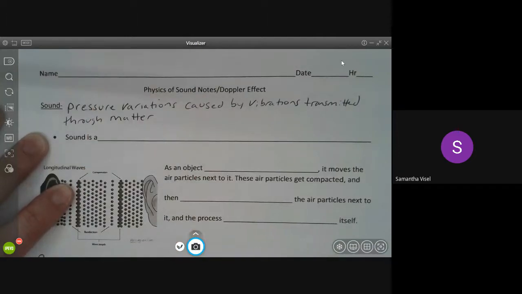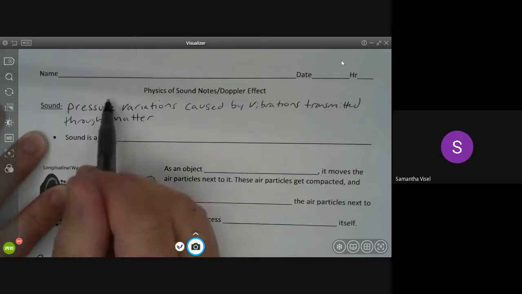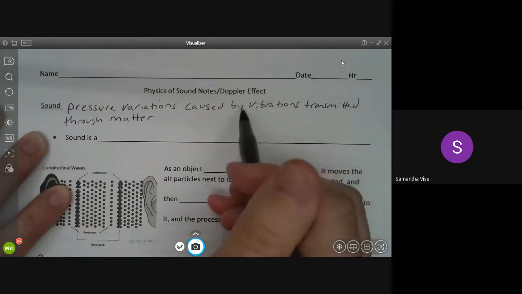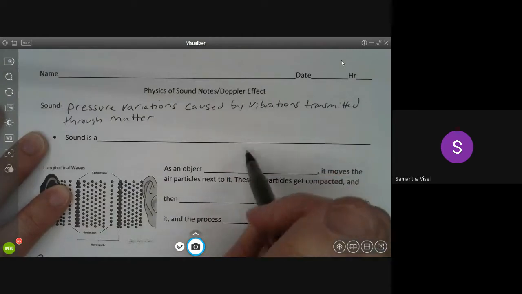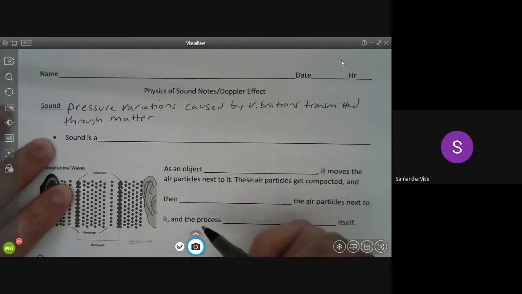Pressure variations caused by vibrations transmitted through matter. So that's a long, fancy description; in short, it's differences in pressure formed when something vibrates, something shakes, something moves, and it's transmitted. It's going to travel through matter. So sound does need a physical medium, something physical to move through.